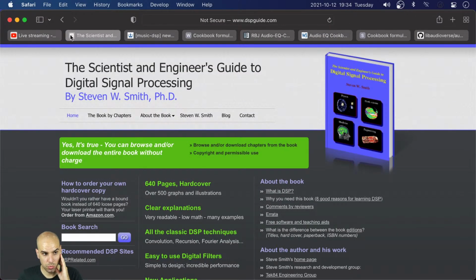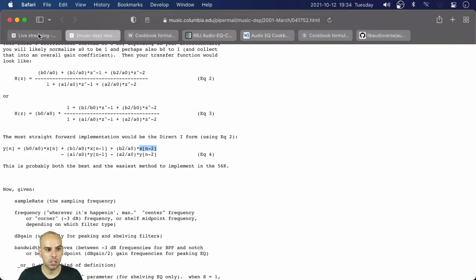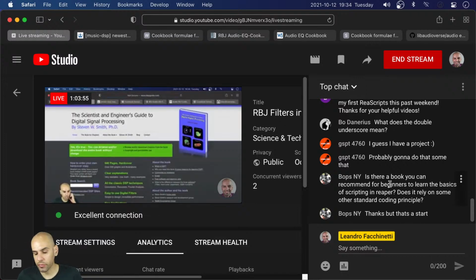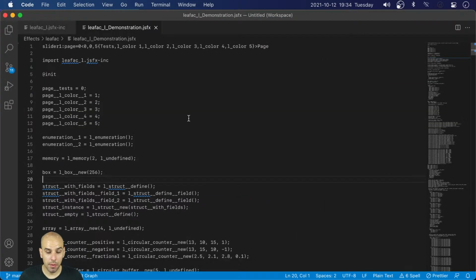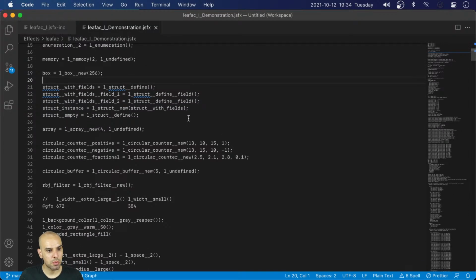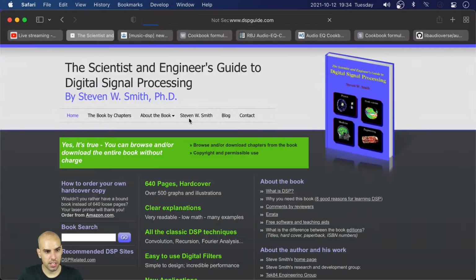If that's what you mean by scripting, then yeah, you will need to learn more about digital signal processing. So that's a good reference, and it is a book. Other than that, I have a project of maybe writing a book someday. So would you be up for that? Would you be interested? My pitch for the book is, this book is excellent, but it is about a lot of things.